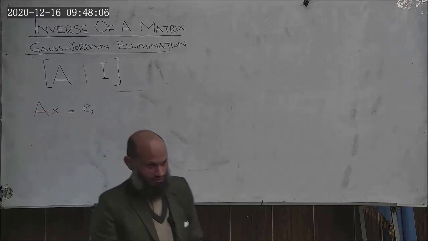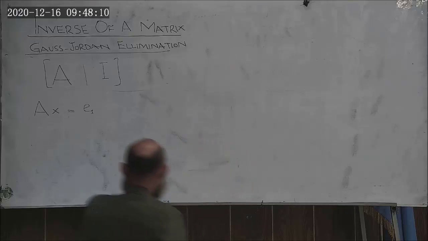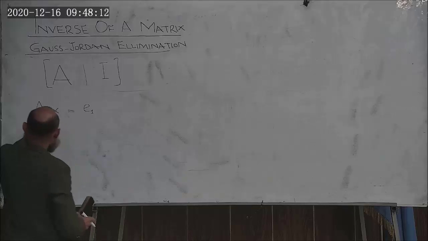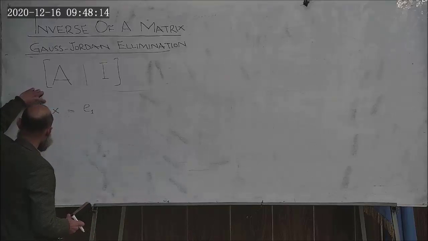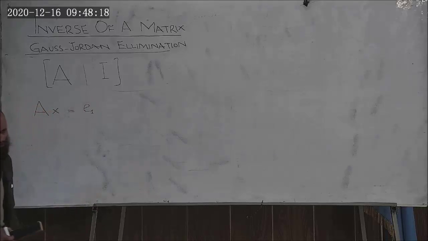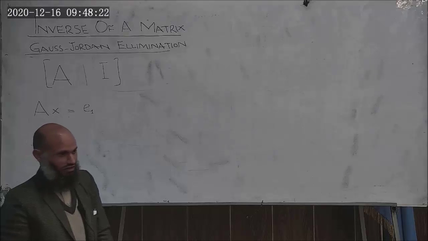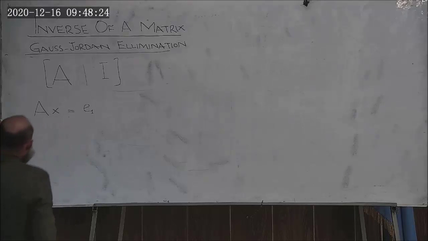How would you find it? You will construct an augmented matrix from this matrix and the right hand side, and then perform row operations to reduce it into echelon form.